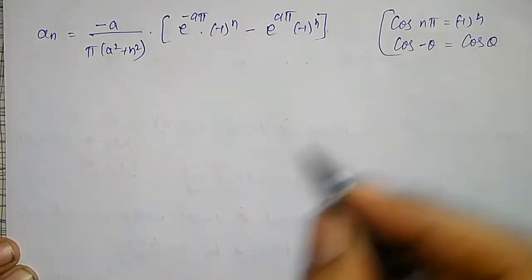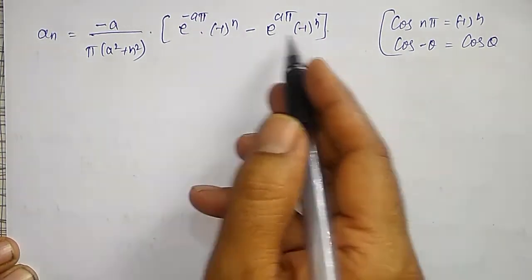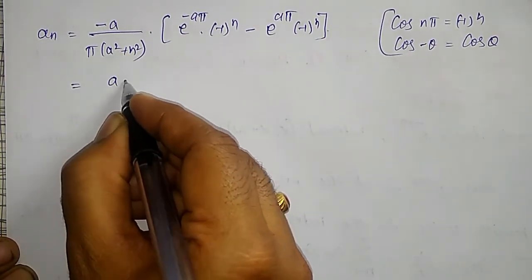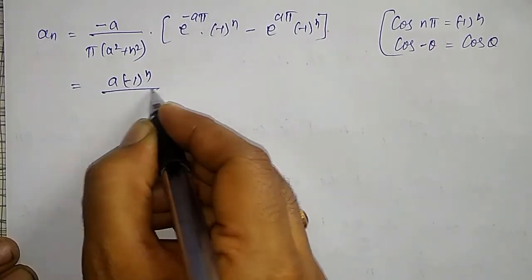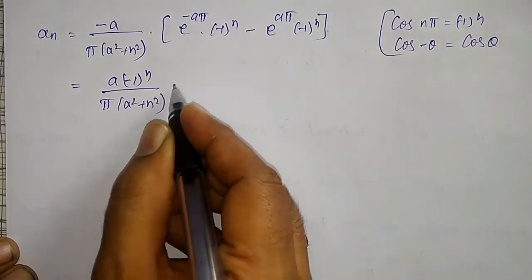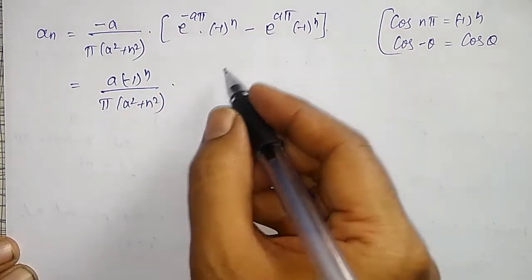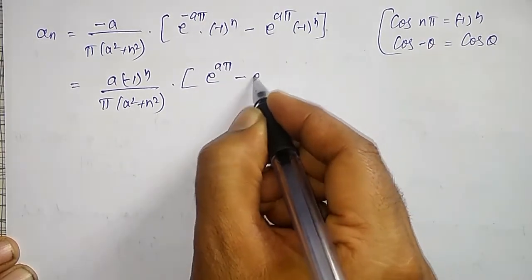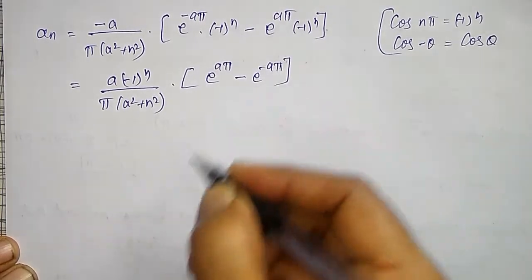Using this I can write, minus 1 raised to n common and minus multiplied inside. I am going to get a into minus 1 raised to n divided by pi into a square plus n square, into minus multiplied inside, that will become e to the power a pi minus e to the power minus a pi.